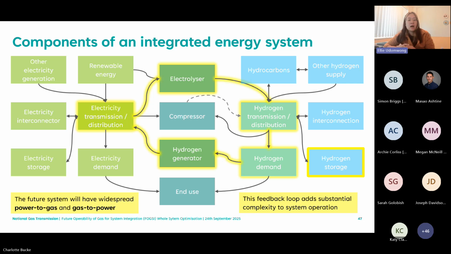We will look at what capacity is available, or what the readiness of the gas transportation system is right now, and then look back as a feedback loop to the electricity infrastructure and see how they react to each other. This feedback loop will add substantial complexity to the system operation, as a decision in one part of the system can have a ripple effect throughout the network.